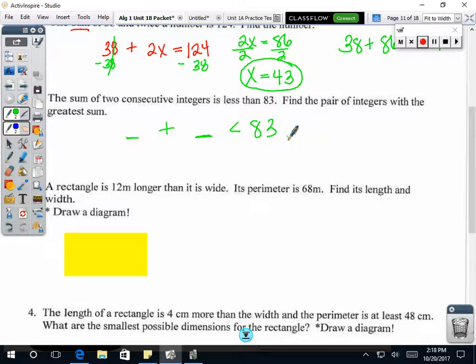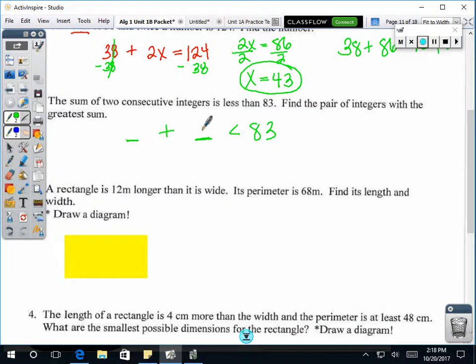Positive and negative whole numbers. Whole numbers are 0, 1, 2, 3, 4, 5. Integers are 0, 1, 2, 3, 4, 5 and up, and negative 1, negative 2, negative 3. So integers include the negative whole numbers as well.